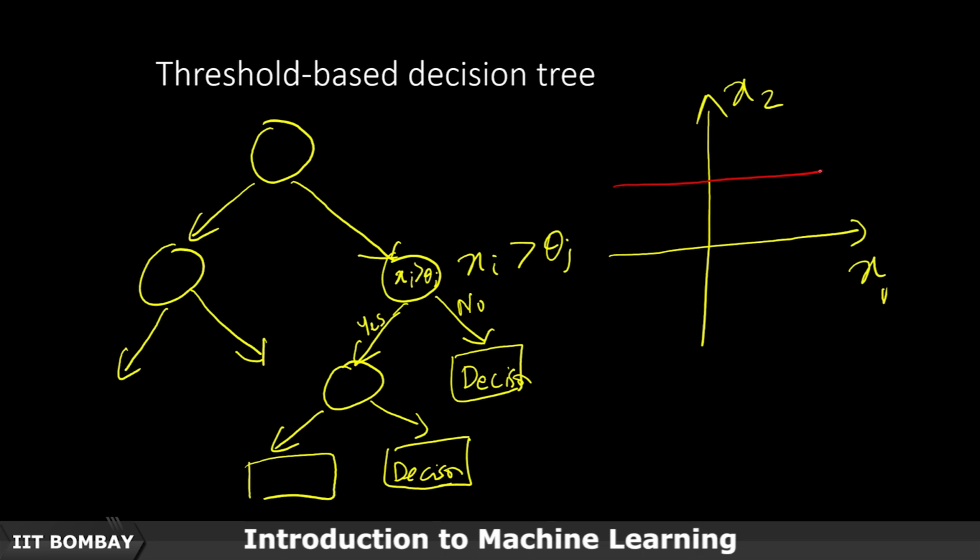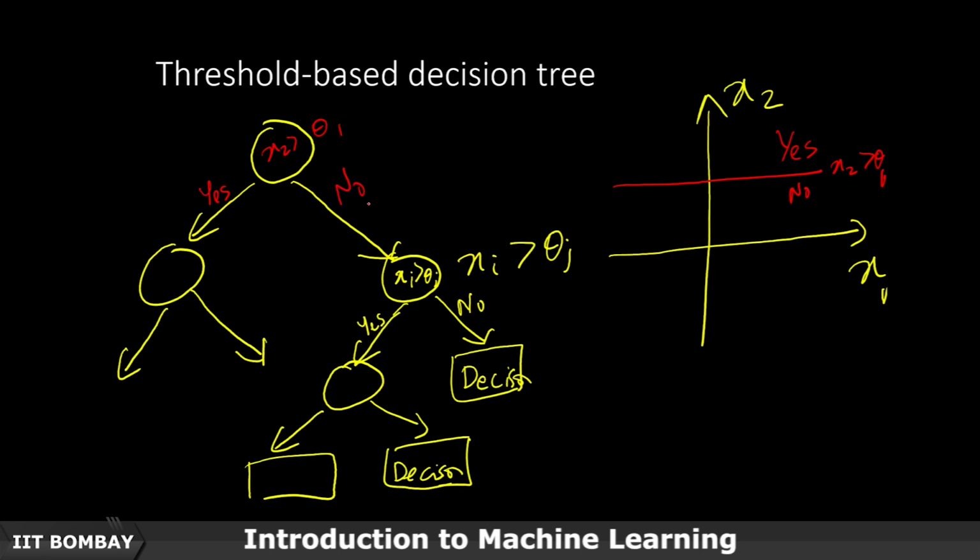So we will have this x2 greater than theta 1, that is the decision we are making. So this is the yes part and this is the no part.